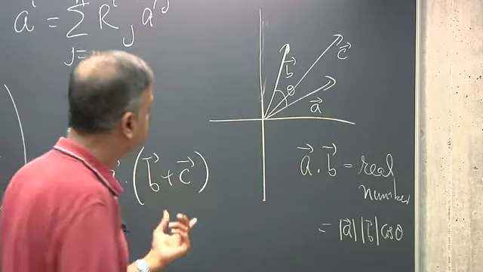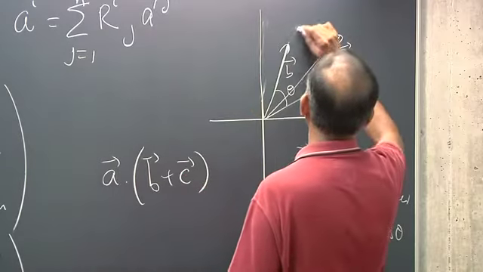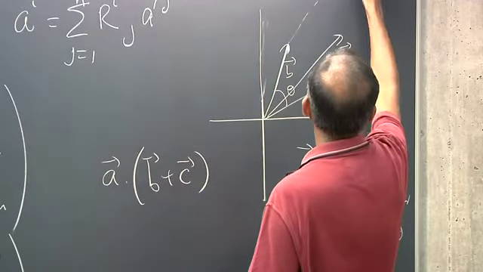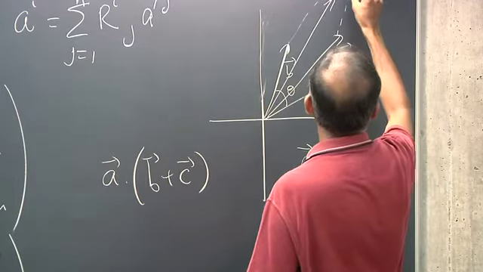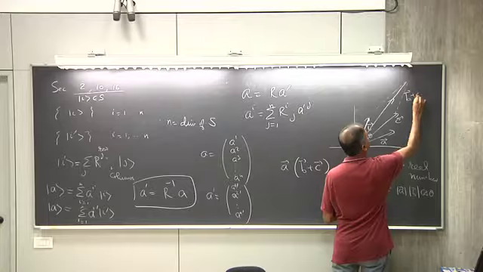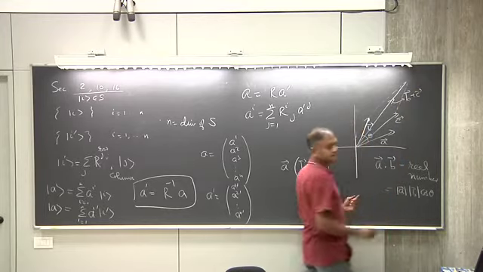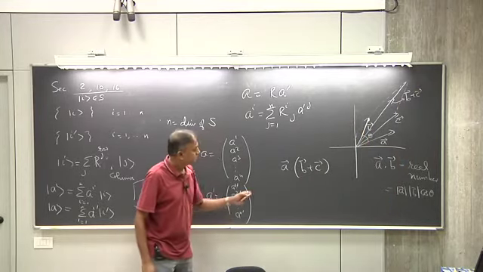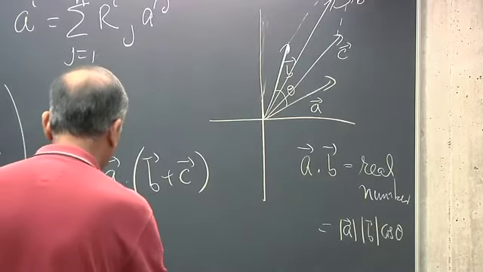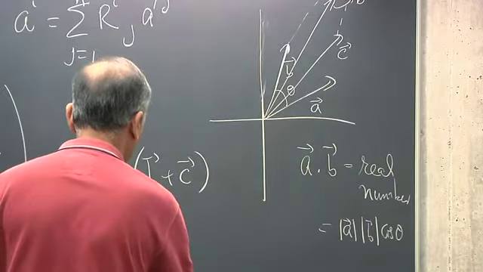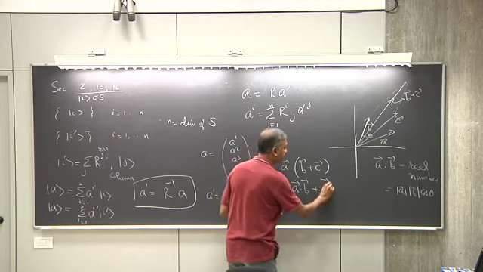Very precisely, you draw this parallelogram, and this vector is B plus C. Now, what is A dot (B plus C)? Well, this is the same as A dot B plus A dot C.